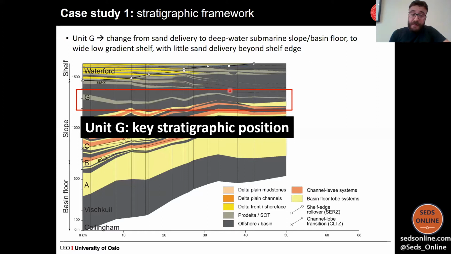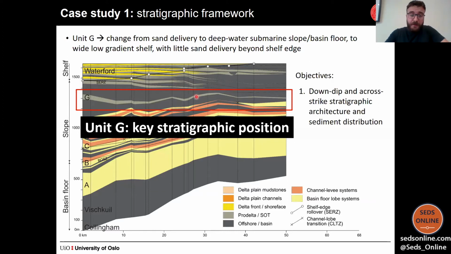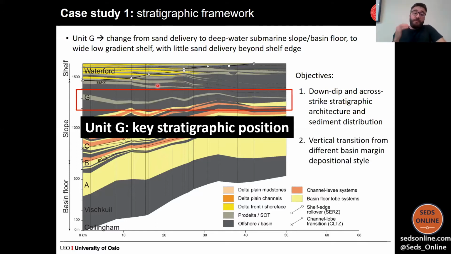But it sits in a very interesting position because it's recording the transition from this erosion-dominated, bypass-dominated margin to this accretion-dominated margin. So our objectives were to study the down-dip and along-strike variability of this unit, and then try to link the observations to this transition.